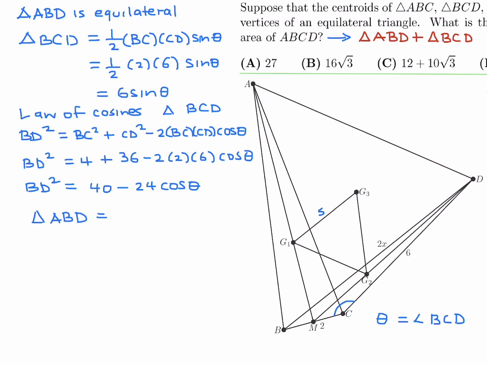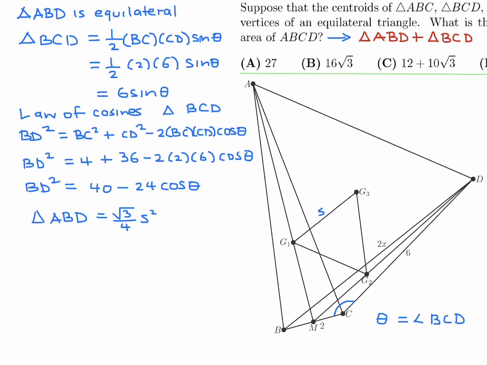if you know the formula for the area of an equilateral triangle, it helps save time, is root 3 over 4 times s squared, where s is the length of the side. And one of the sides of ABD is BD, right here. And BD, we know, is right here.